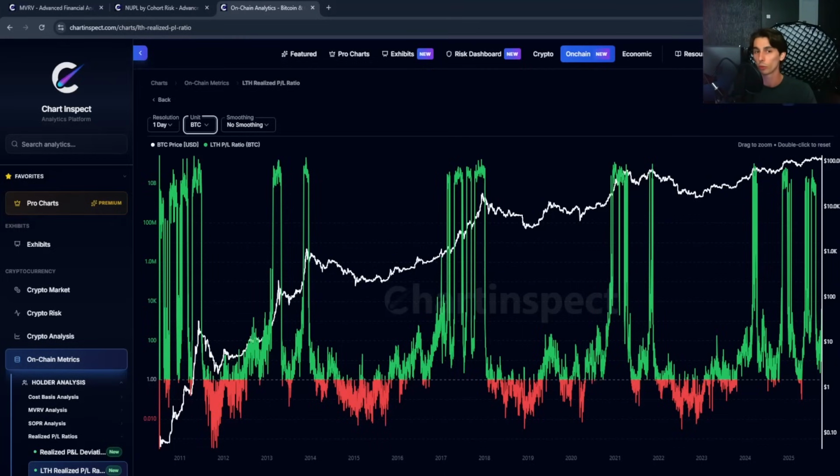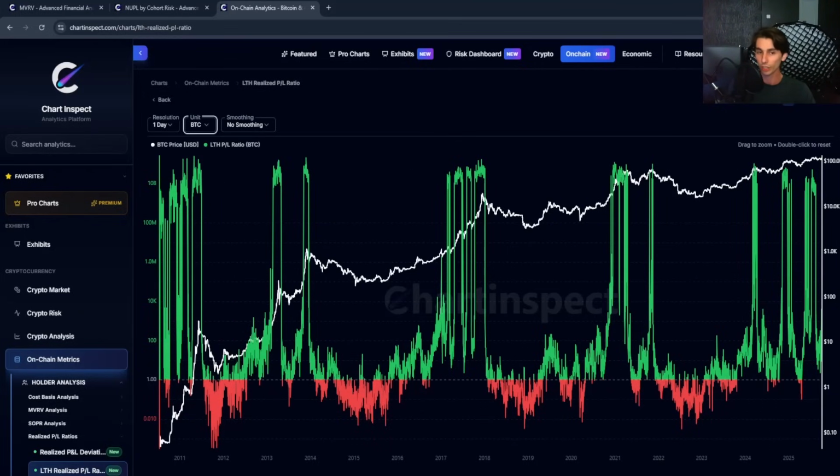For a long-term holder to realize a loss, meaning they sold Bitcoin for lower than their original or average cost basis, that typically only happens during severe bear markets or major capitulation events like we saw in 2021 and 2022 and all prior bear markets. We also saw it a little bit this cycle when we had these corrections.